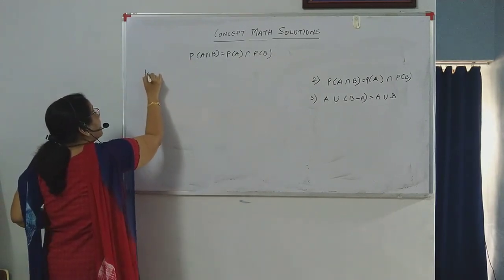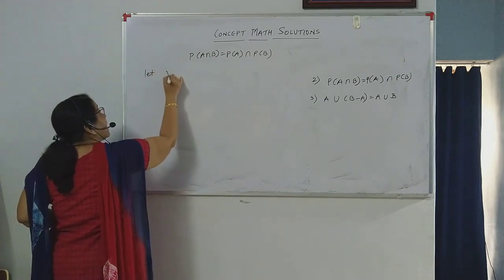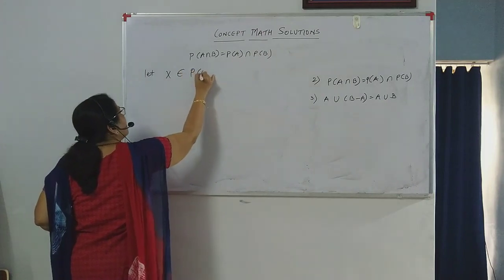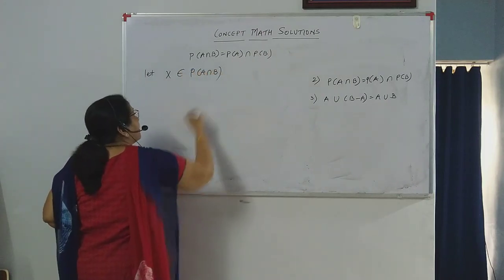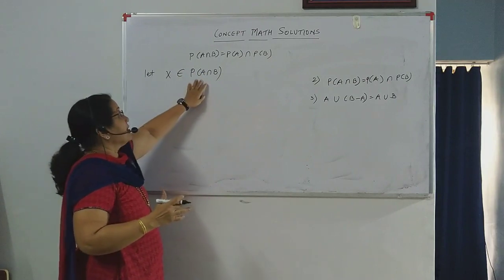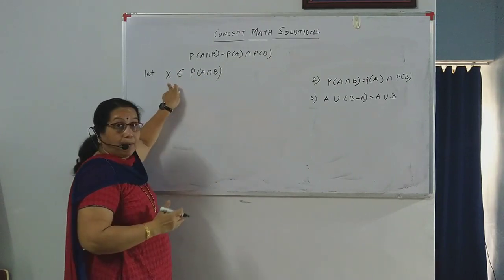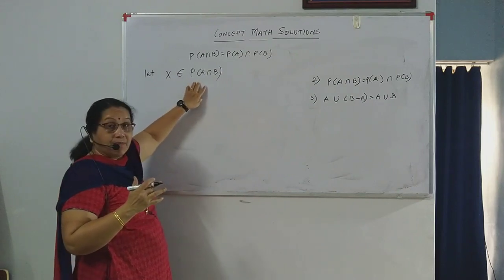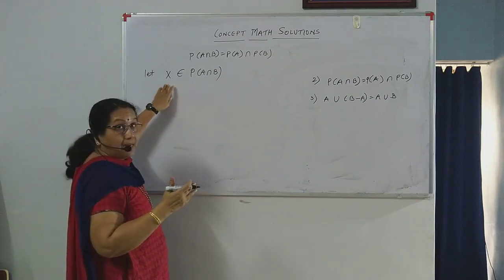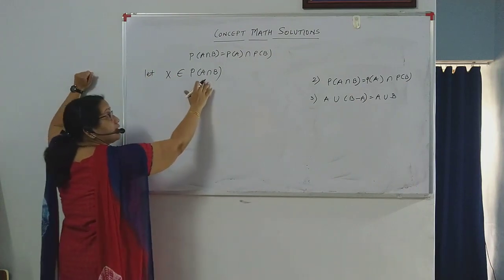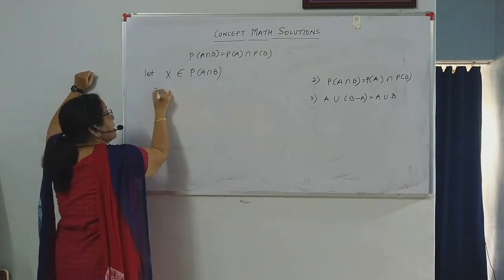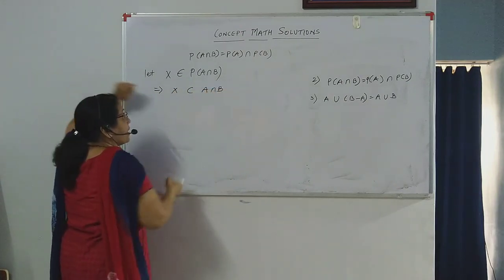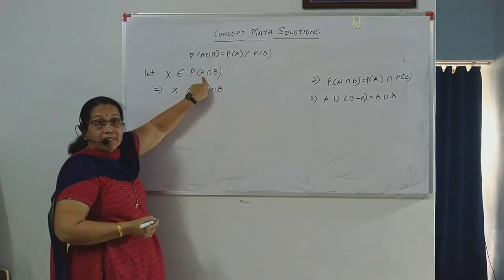So I take, let capital X belong to the power set of A intersection B. Now elements of the power set would be sets, therefore I have taken capital X, right? Now capital X belongs to the power set of A intersection B. It means X is a subset of A intersection B. That is why it is present in the power set.